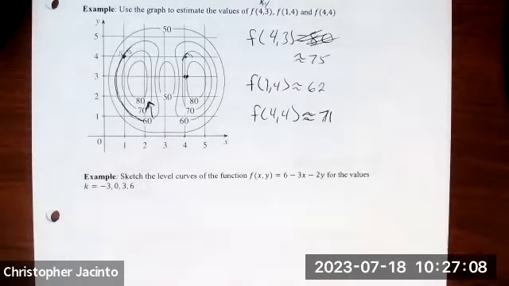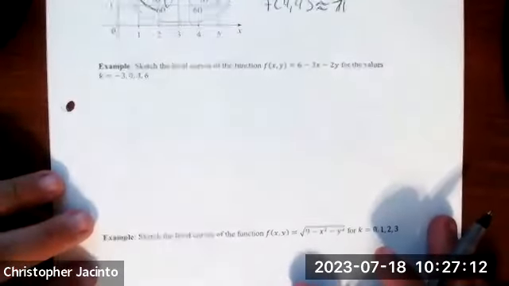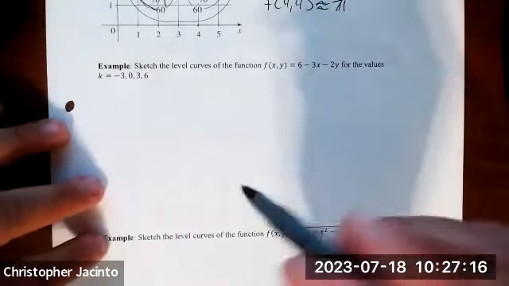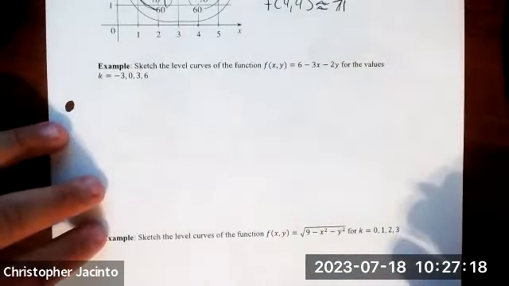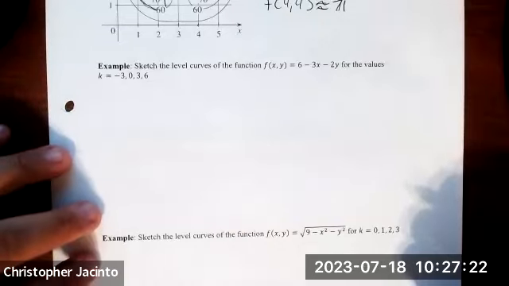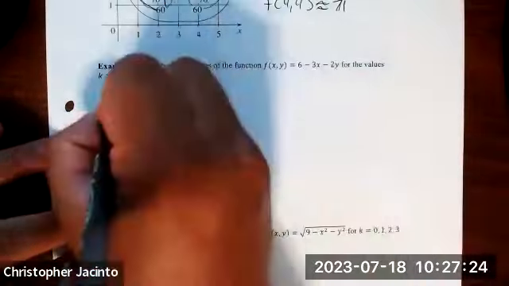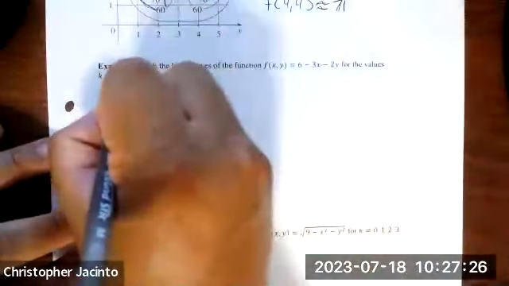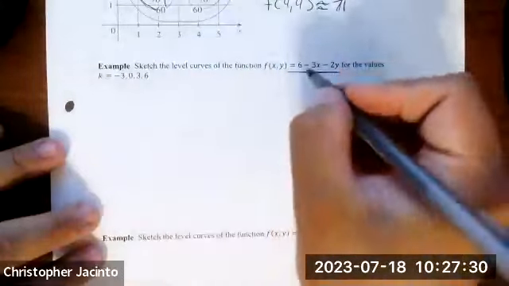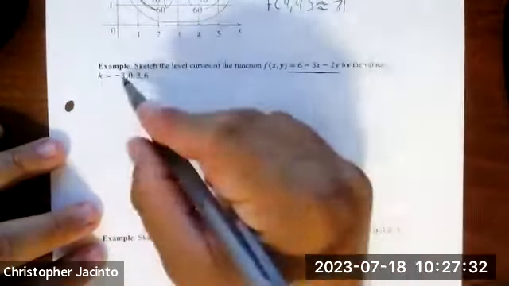So the last part of this section is, how do we create level curves ourselves, or sketching level curves? Given the function of this, we want to find the level curves of -3, 0, 3, and 6. So just like normally, here's a function, right? All we're going to do is plug a k in for our equation.